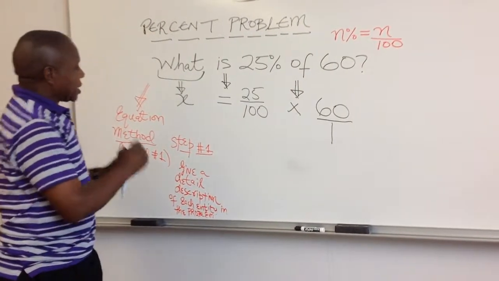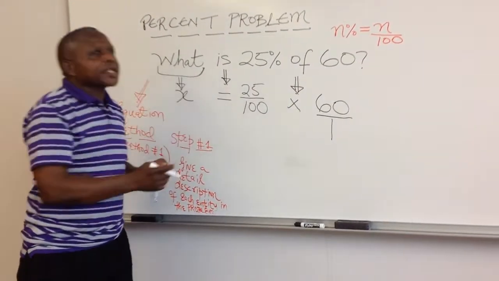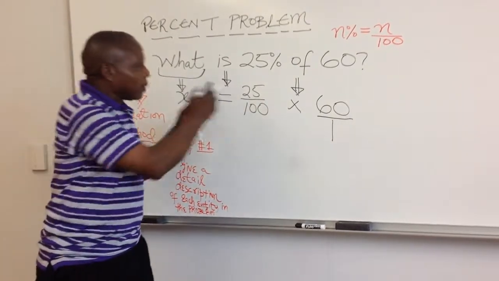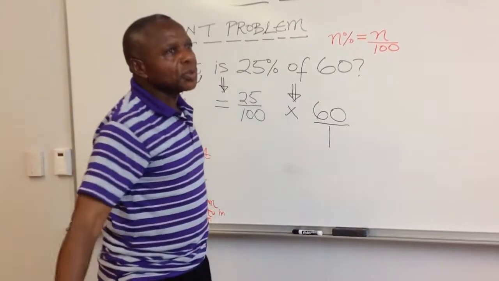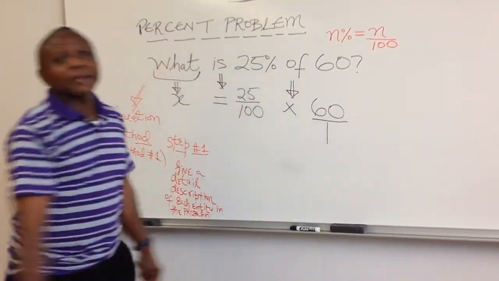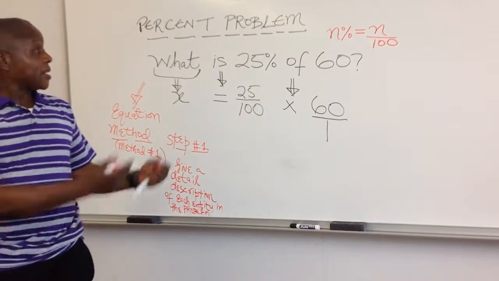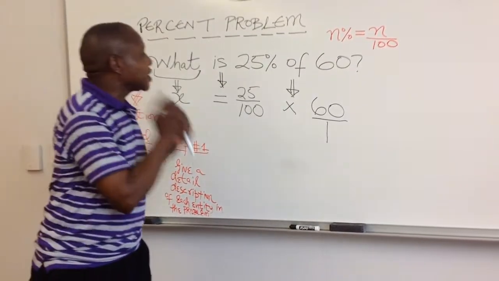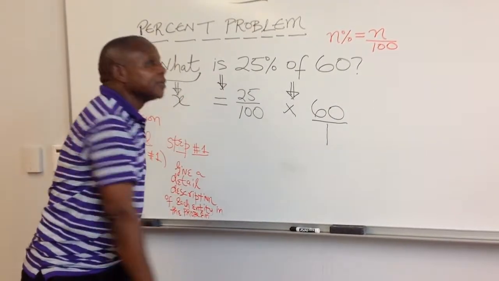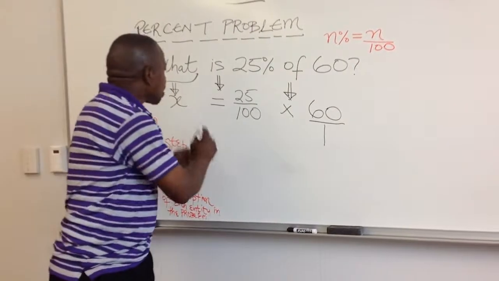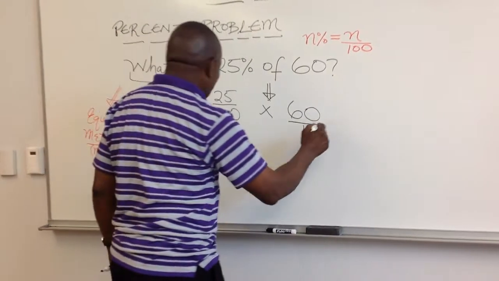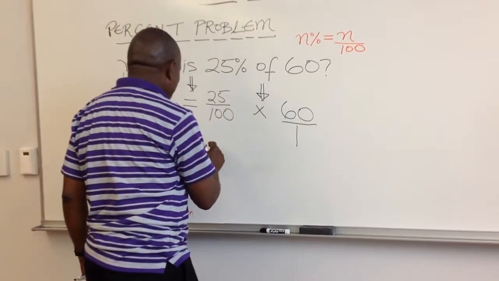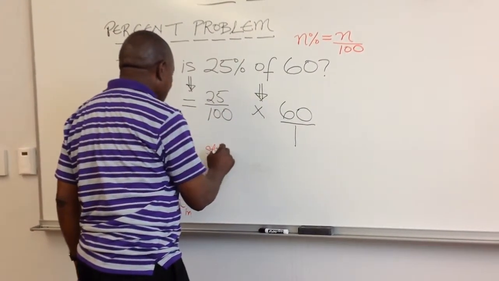So that is our step number 1. That is what we have just executed or implemented. The next thing, of course, is step number 2. What will be our step number 2 here? Our step number 2 is to actually solve this equation problem, to solve for x.